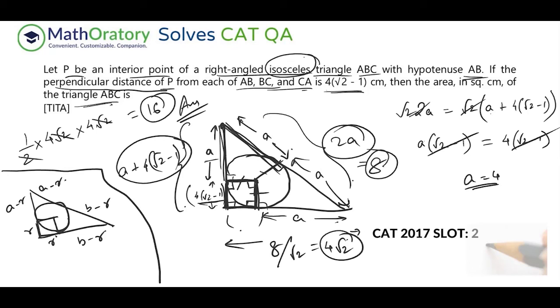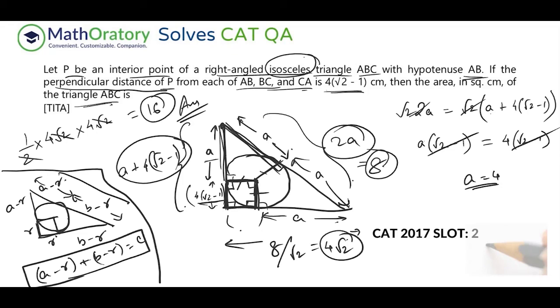Let me just take a line here. If this entire hypotenuse is c in length, what you know is this plus this is the hypotenuse. If you have to remember something, just remember this. It's a logical thing to remember, and there's less chance that you forget it or mess it up. So a minus r plus b minus r is equal to c, c being the hypotenuse, of course.